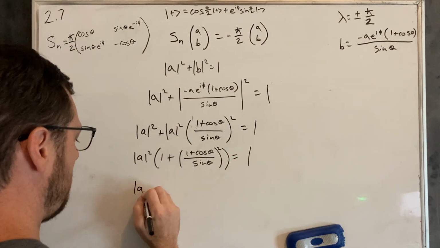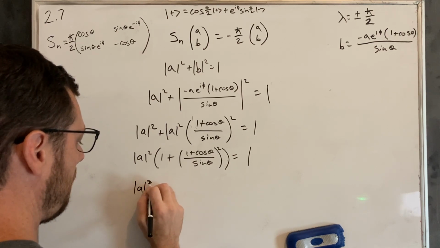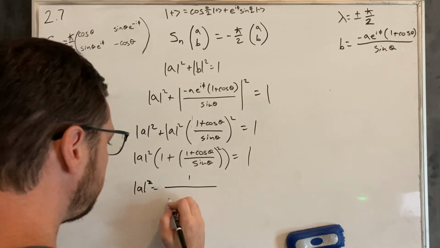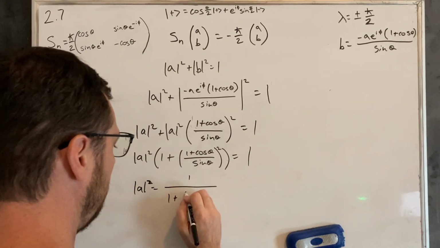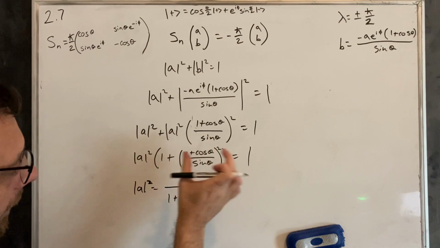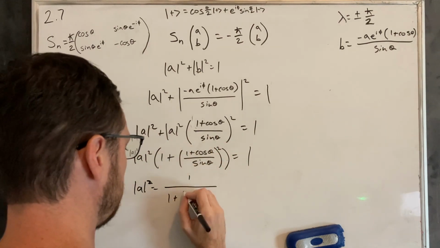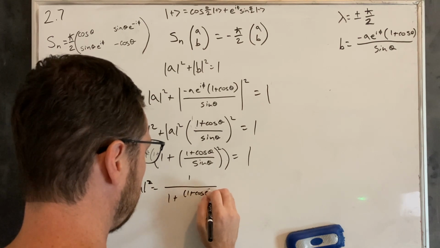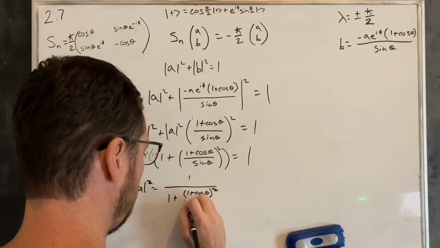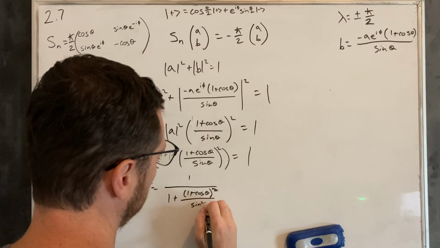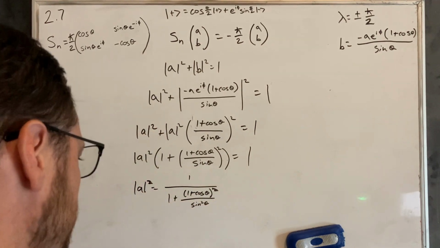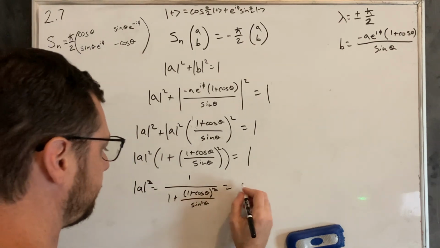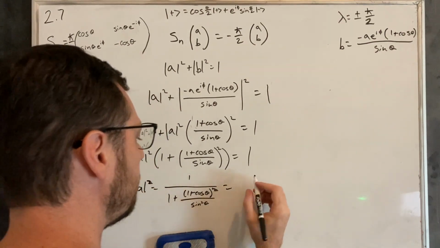So a squared is going to be equal to 1 over 1 plus, and I'll do the same thing I did in the last video. I'll square the numerator and denominator separately. So 1 plus cosine theta squared over sine squared theta. All right, this 1, again, can be sine squared over sine squared.